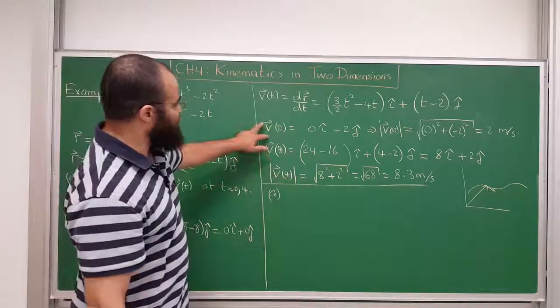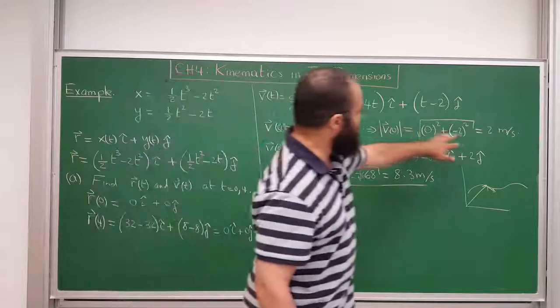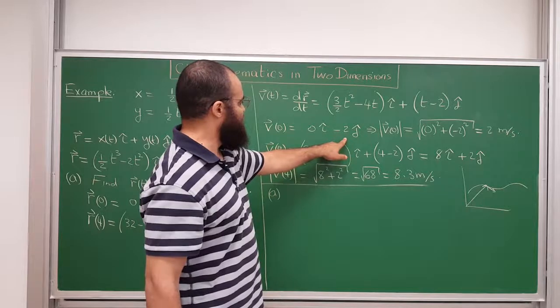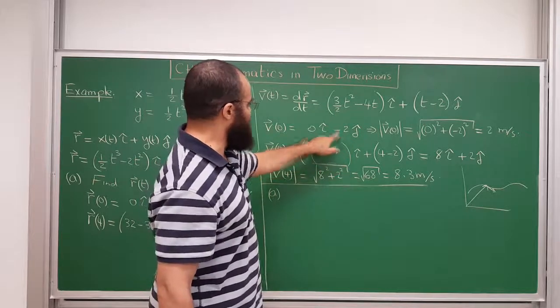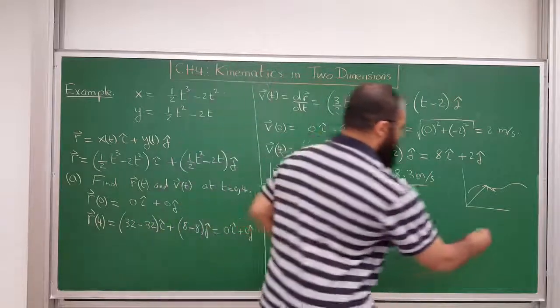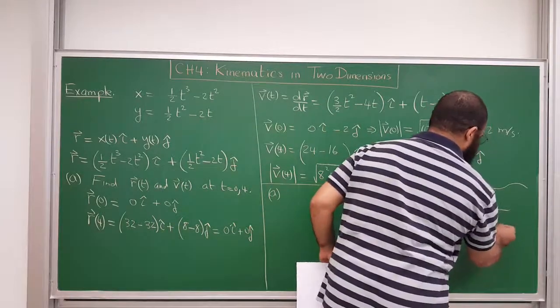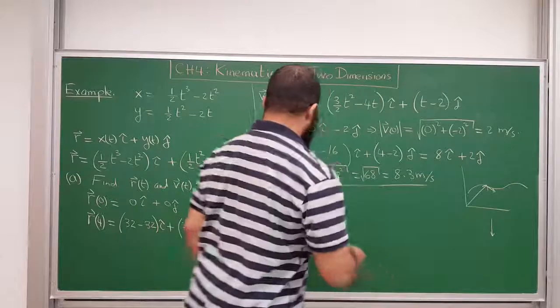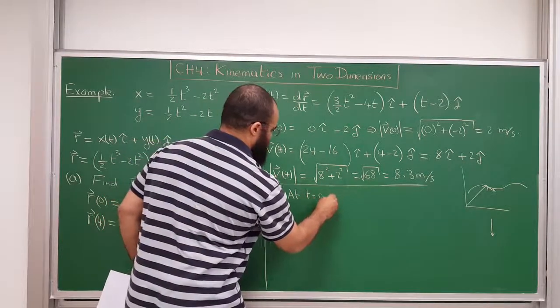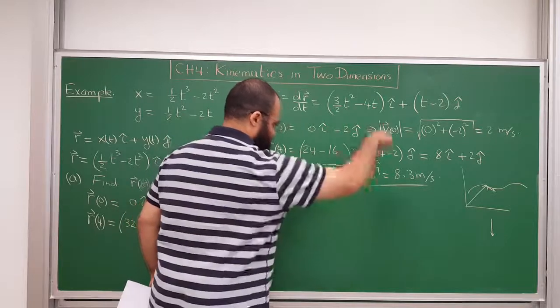So for the first one, at 0 here, the velocity only has a y component, and it's negative. The velocity points in this direction. It's 0 i hat minus 2 j hat. So it points this way. The velocity points that way. So it is at negative 90 degrees. So at t equal to 0, the velocity is just straight down.